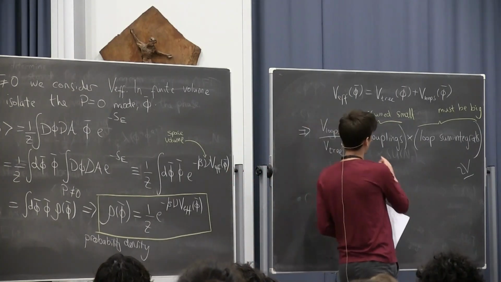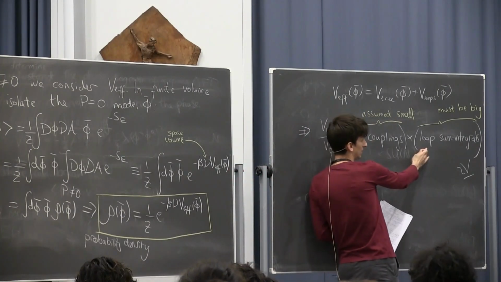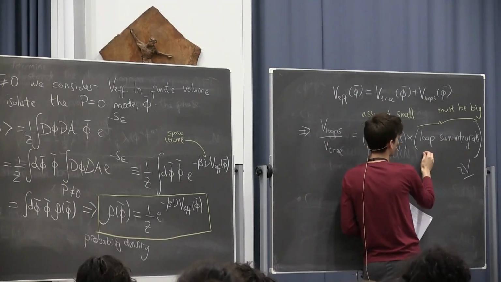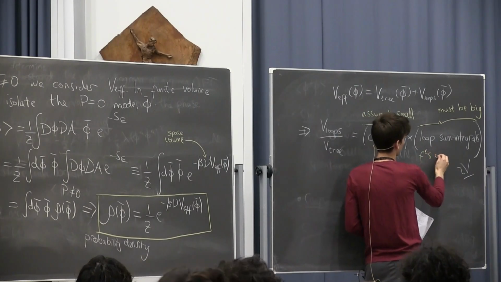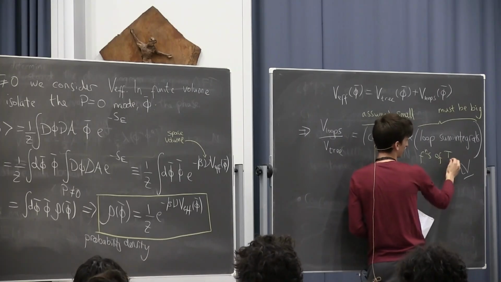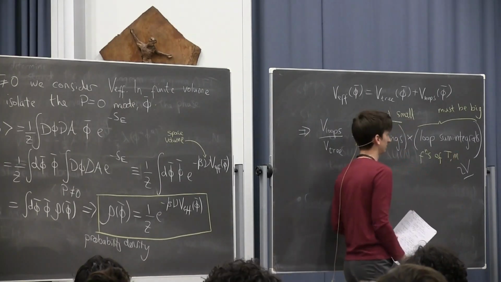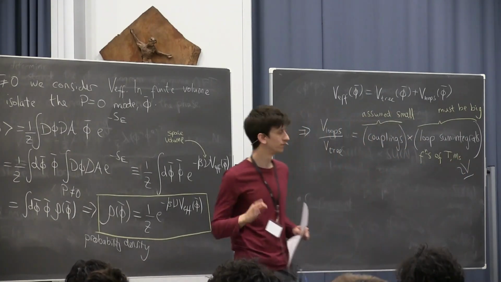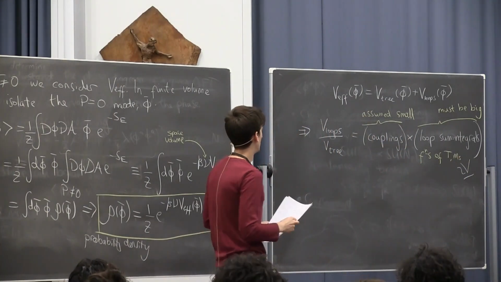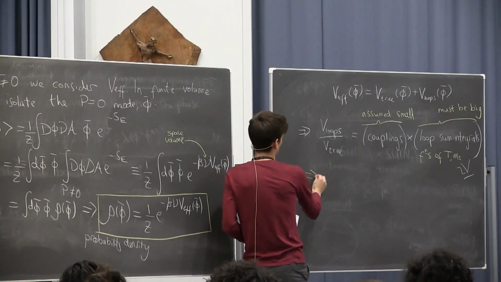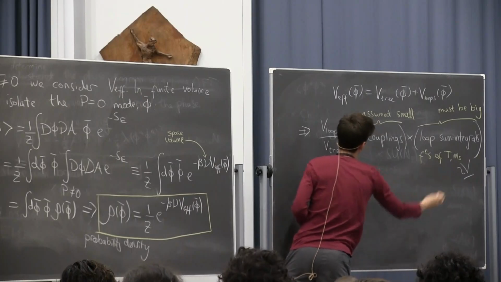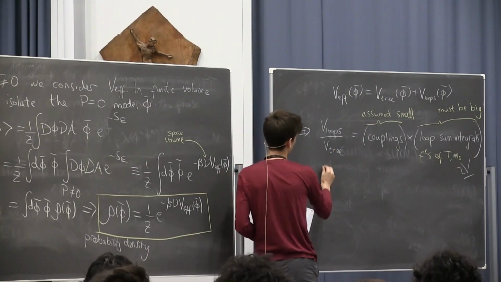And loop sum integrals, these are just... there are no couplings inside loop sum integrals. These are only functions of T, the temperature, and masses. That's all they're functions of. And for them to be big, the only real way you can do it is to have a hierarchy of scales.